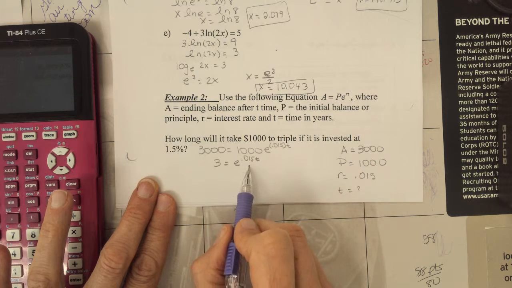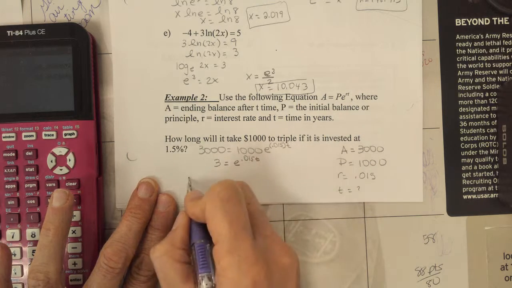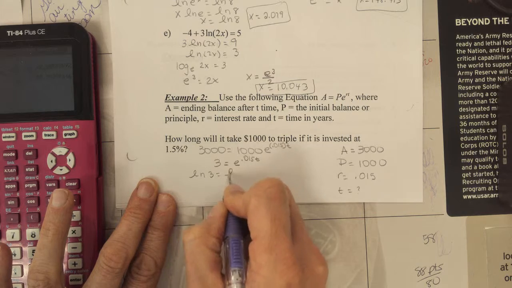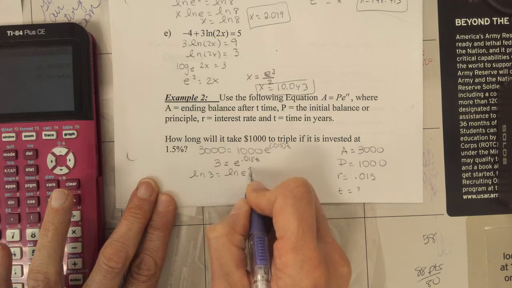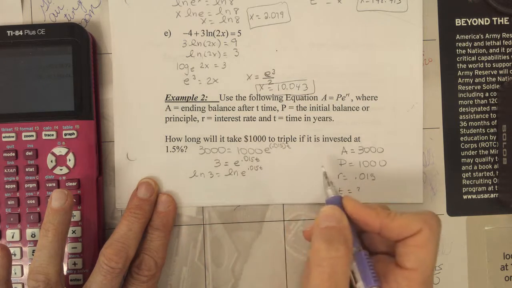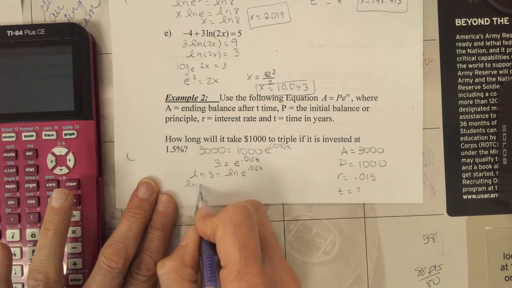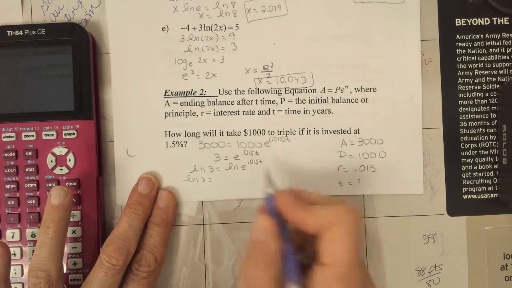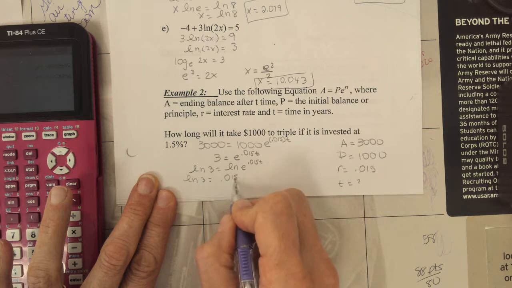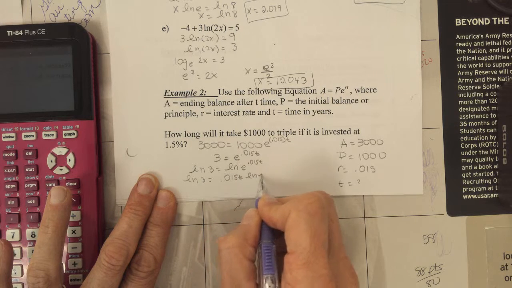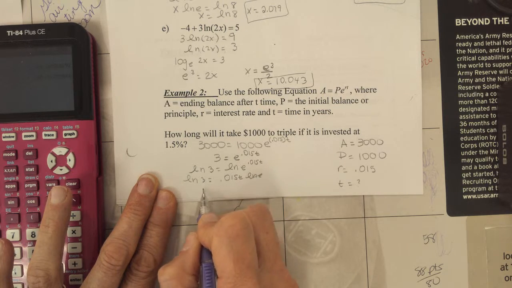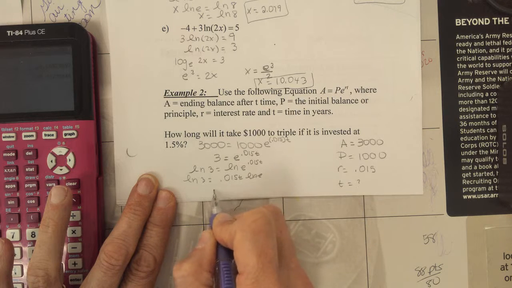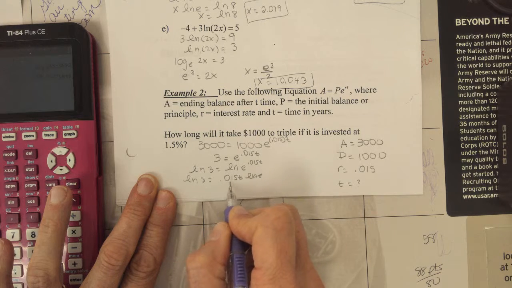Again, we want to take the natural log to get that to come down. So we have a natural log of 3 equals the natural log of e to the 0.015T. This is 1. So I will divide both sides by 0.015.